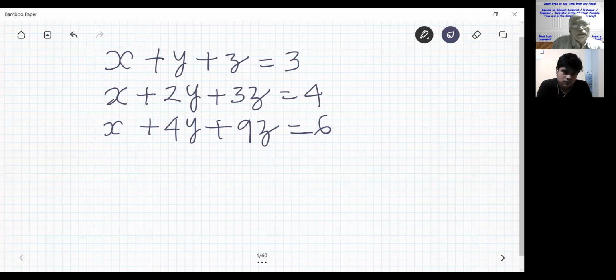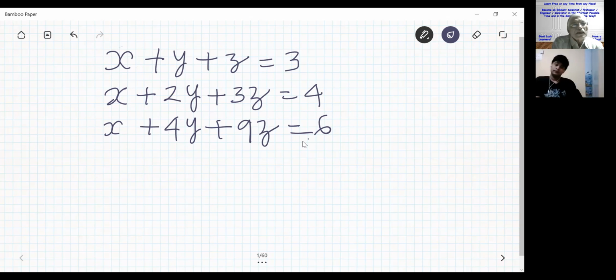Can you see now? Mr. Ramesh has started screen sharing. Full blank screen is coming. Now it came. So x plus y plus z equal to 3. X plus 2y plus 3z equal to 4. X plus 4y plus 9z is equal to 6. You are able to see now?